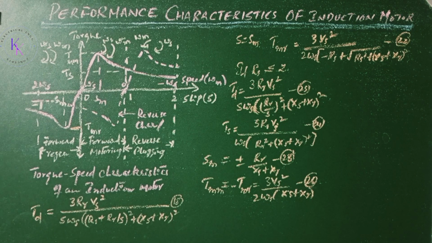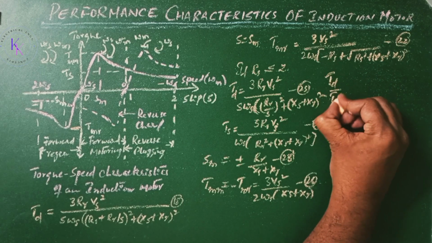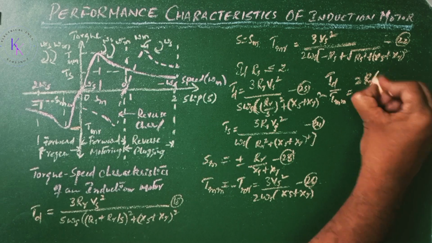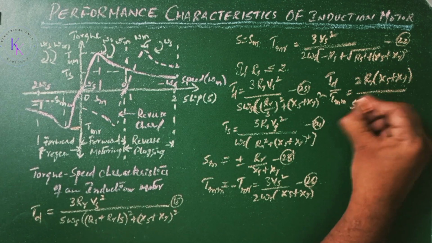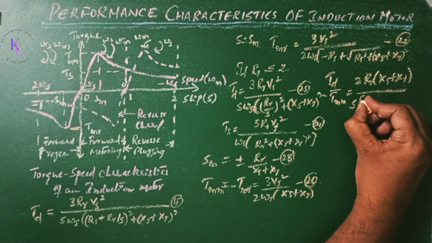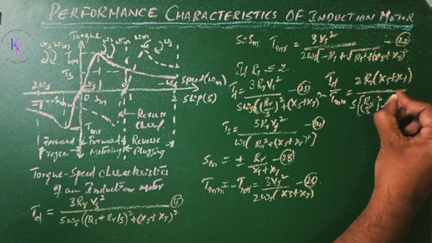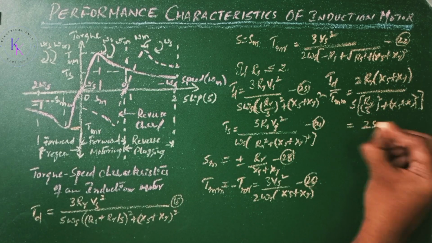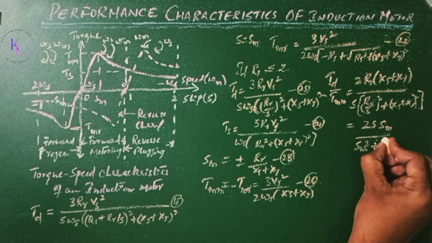Now normalizing equations 23, 24 and 26, it gives us Td divided by Tmm equals 2 Rr (Xs plus Xr) divided by S of ((Rr by S) whole square plus (Xs plus Xr) whole square), which equals 2 S Sm divided by (Sm square plus S square).